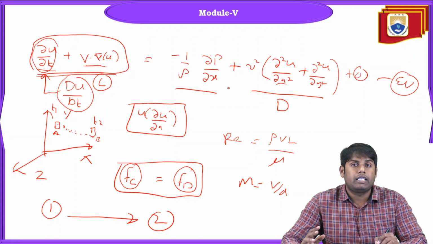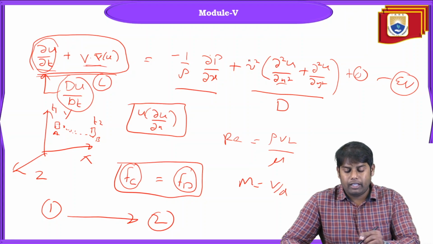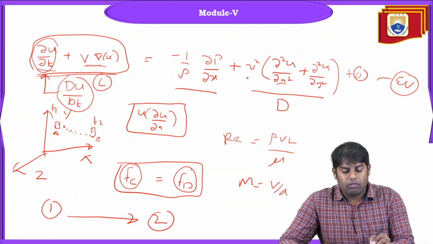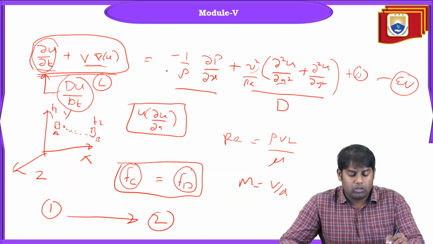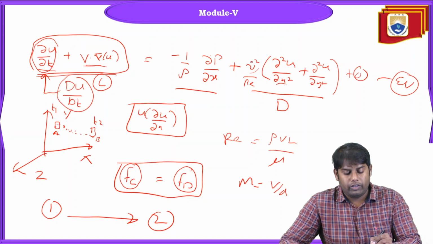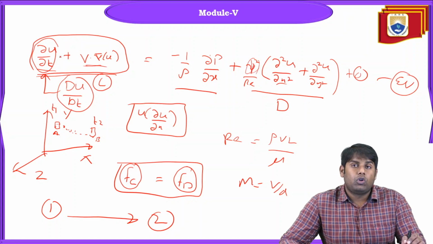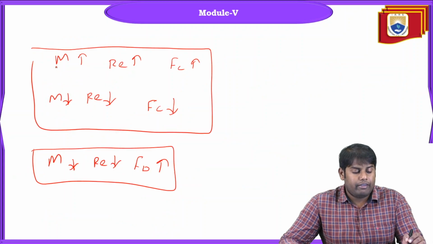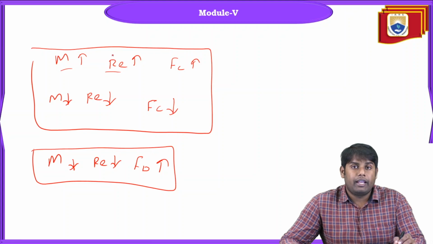When we do these, at the end you will get a term divided by RE, so it will become 1/RE. The dependency on the Reynolds number will come. That is why we are discussing majorly with respect to the Reynolds number, which in turn is correlated with the convective and diffusive flux.